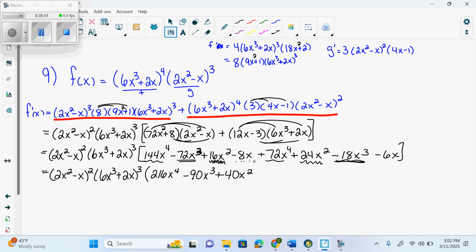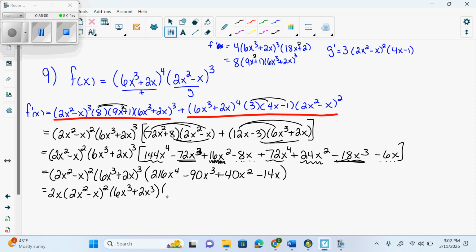And then negative 8, negative 6. What can I take out of that? 2x. So I'm left with 2x squared minus x squared, 6x cubed plus 2x to the 3.